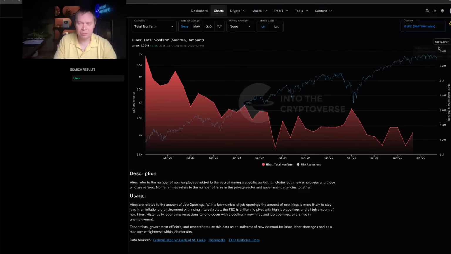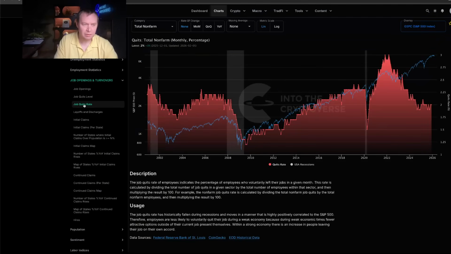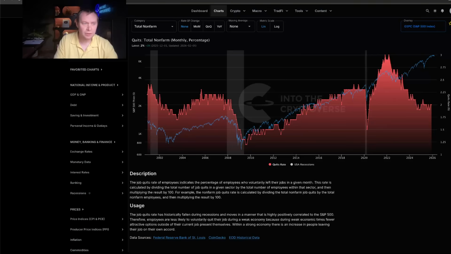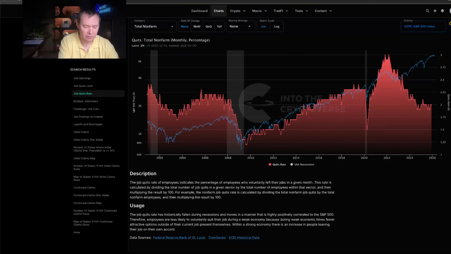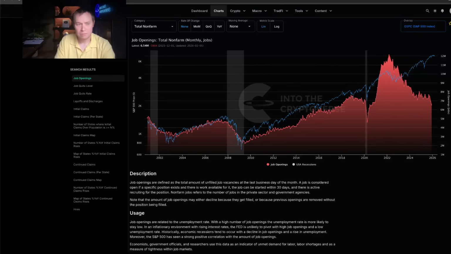You can see that hires are really low. If you look at quits, you can see that quits are really low. If you look at job openings, they're really low too. They're falling off a cliff.